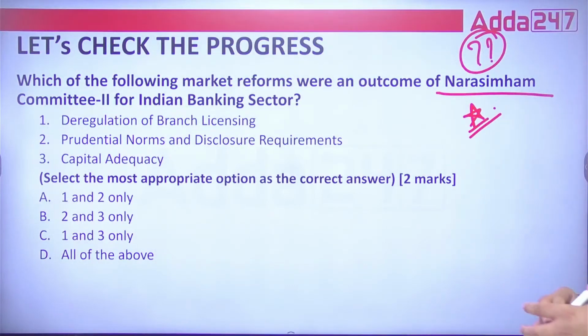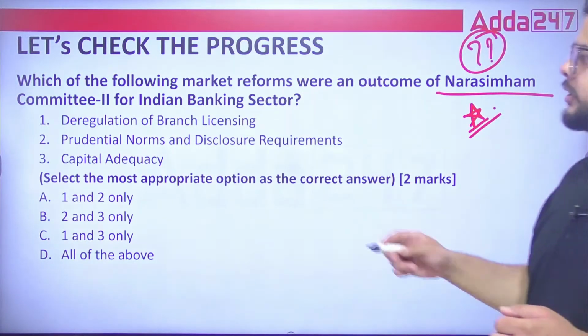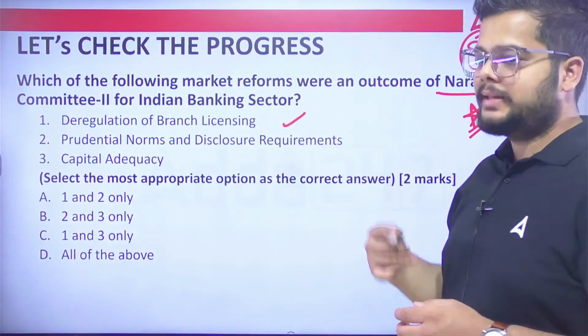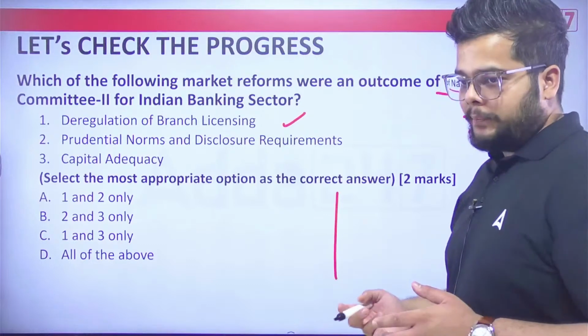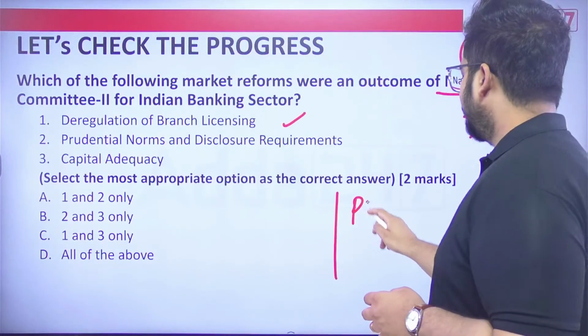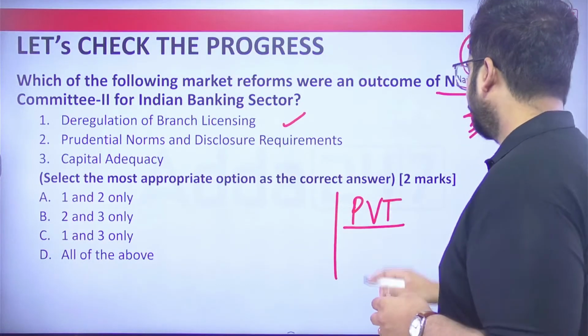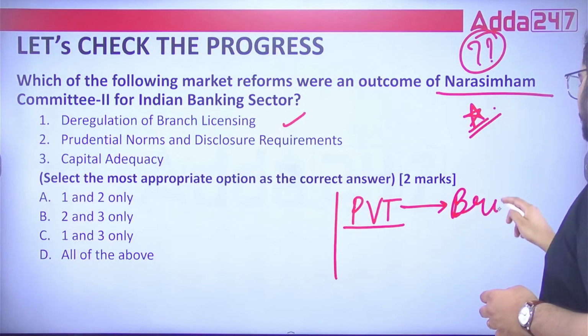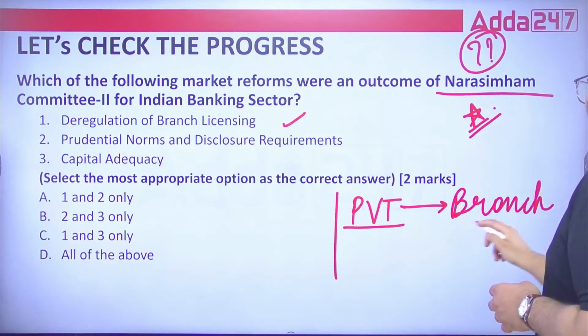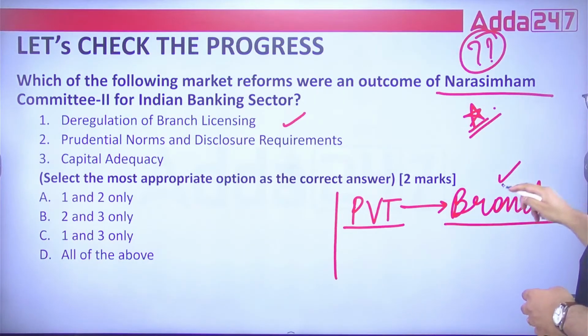Which of the following market reforms were an outcome of Narasimham Committee 2 for the Indian banking structure? Whether it was deregulation of branch licensing, because earlier, whenever a private bank wanted to open a new branch, it had to take a license separately for opening a separate branch.